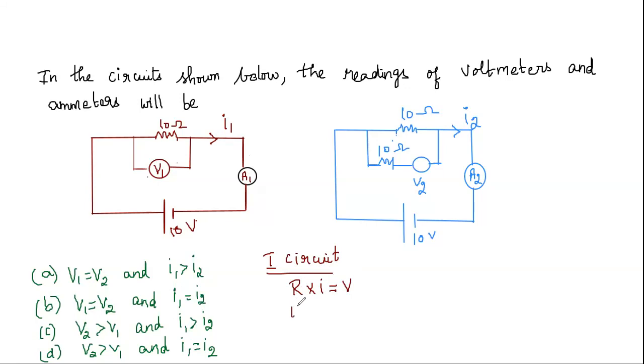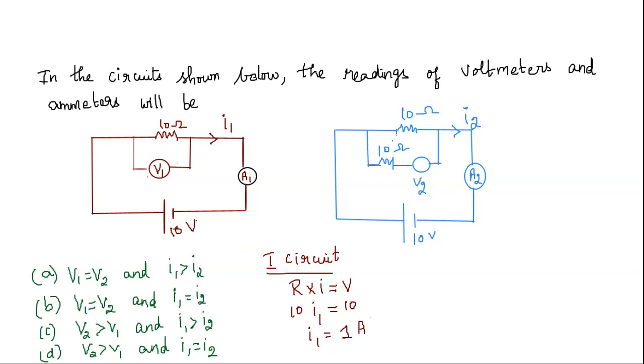Here the resistance is 10 ohm and the current is I1, that is equal to voltage. Voltage given here is 10 volt. So that means I1 equal to 1 ampere. That is the reading of this A1.